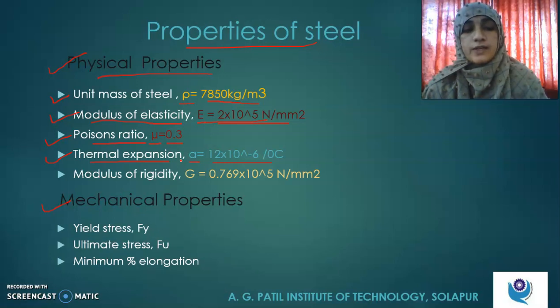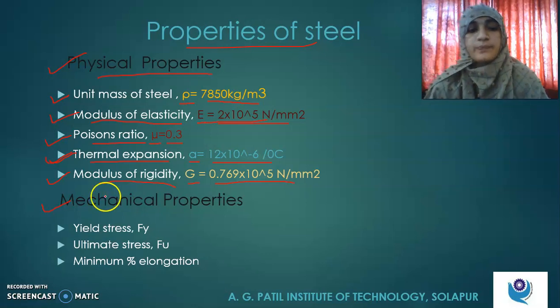Therefore, we require this thermal expansion for the calculation of thermal stresses. Next property, modulus of rigidity. It is denoted by G, which we consider as 0.769 into 10 raised to 5 Newton per mm square.